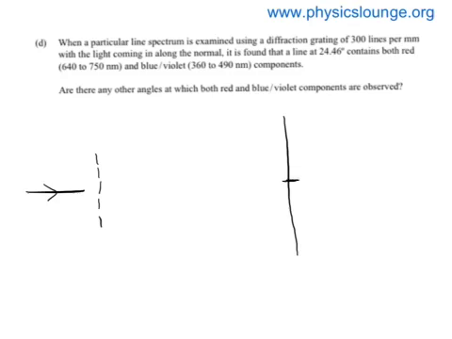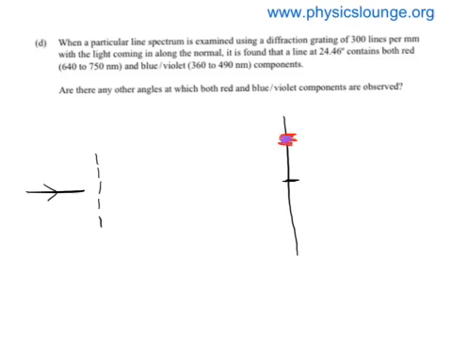This is the center axis, the 0 position for X, and we're told we've got one bright fringe which contains both red and blue-violet. I'm going to draw these together.